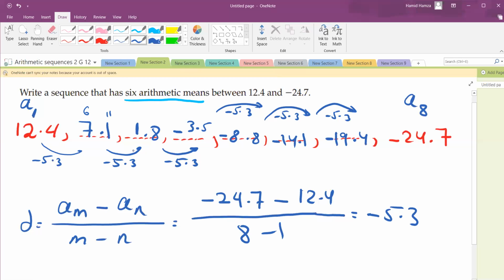So the blue numbers are the missing terms, let me write this.